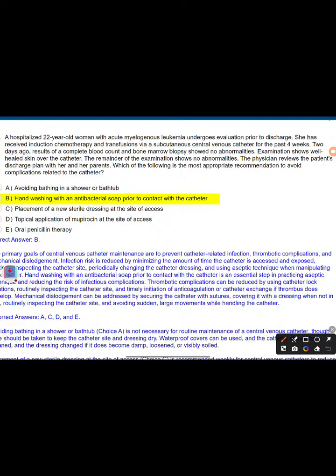So actually they're asking about the catheter, and the appropriate recommendation to avoid complications. Avoid bathing in a shower or bathtub. Most appropriate, they are asking. Hand washing with an antibacterial soap prior to contact with the catheter.